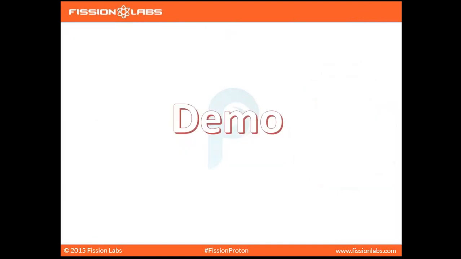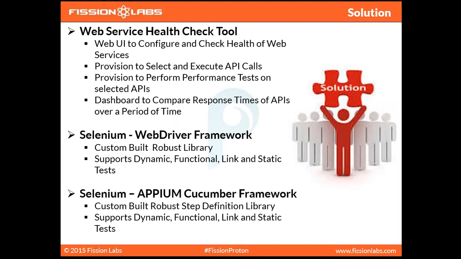And then let me talk about the Selenium WebDriver frameworks and some of the other frameworks that we have developed. Even the three tools you have seen need some kind of scripting. So in order to reduce the time for scripting, we have come up with custom robust libraries which will reduce the time to write the scripts by at least 40%.